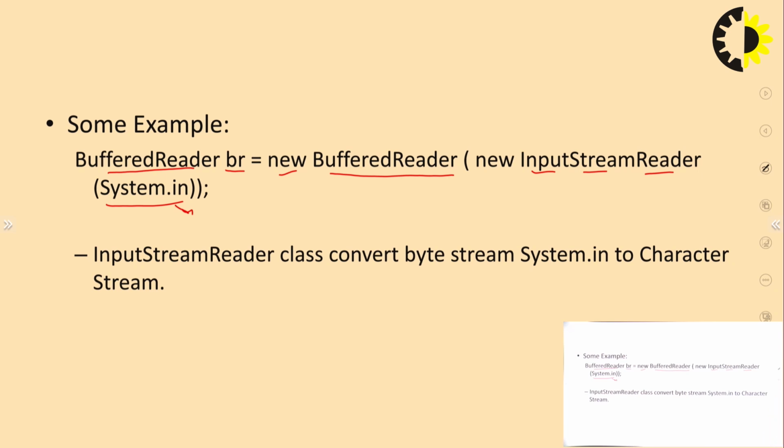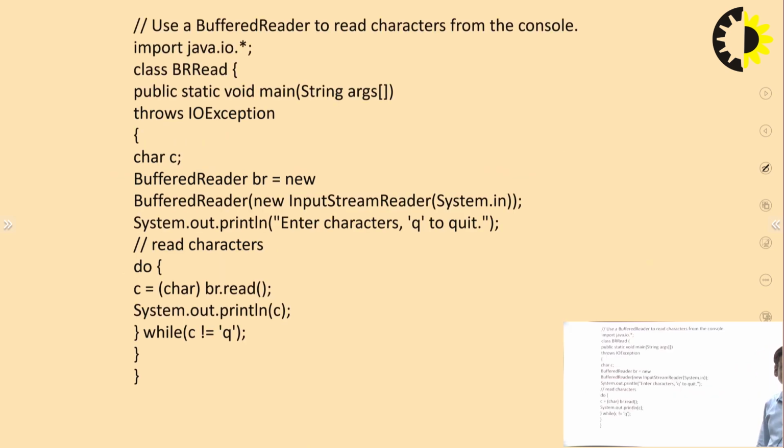Whenever we are using a character stream object, a byte stream object must be wrapped, because internally a character stream must be converted into a byte stream. Here the InputStreamReader class converts the byte stream System.in into the character stream. This class is already available, just use it to convert.